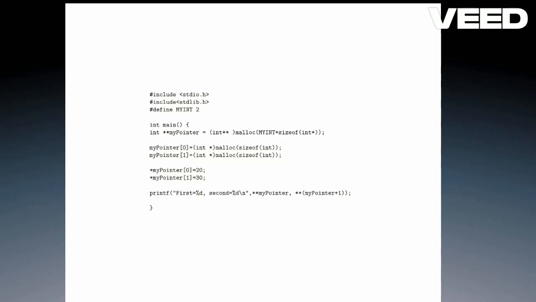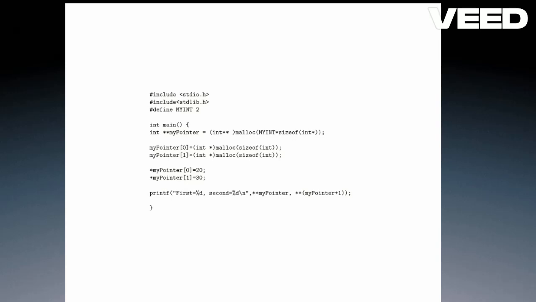I am allocating space for a 2-dimensional array. It is a small 2 by 2 array. A 2-dimensional array is nothing but a matrix, if you are familiar with that. So first I am allocating an array of pointers. There are 2 entries in that array, and each of those pointers will point to an array of integers. So that is the idea.